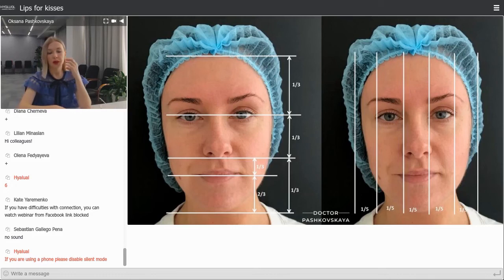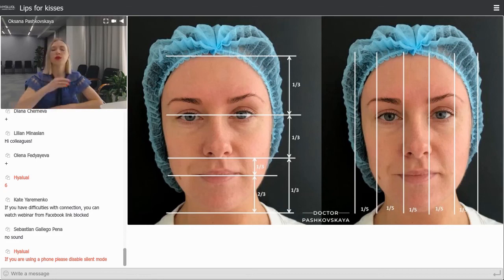If the lower section is longer than the previous, of course we should be careful with additional volume, because it may lead to the carrot face effect, when our chin is excessively elongated. And also vertical lines.